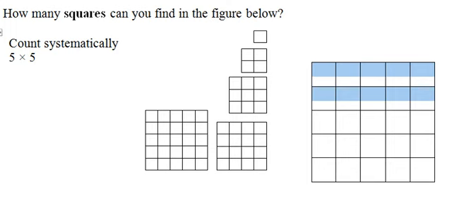Okay, how many 2 by 2 squares in this row? Now, let's count one by one. 1, 2, 3, 4. Okay, there are in total 4 2 by 2 squares in this kind of row. Now how many rows do we have?